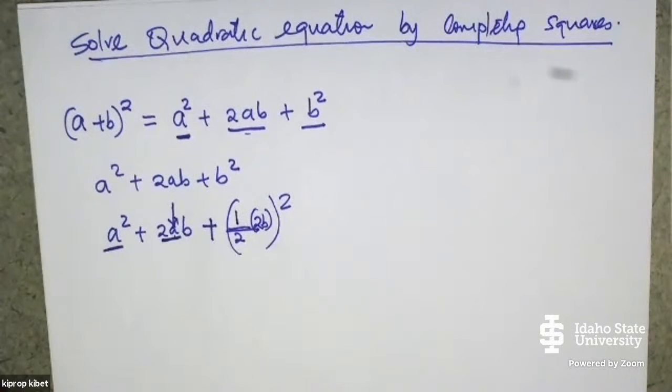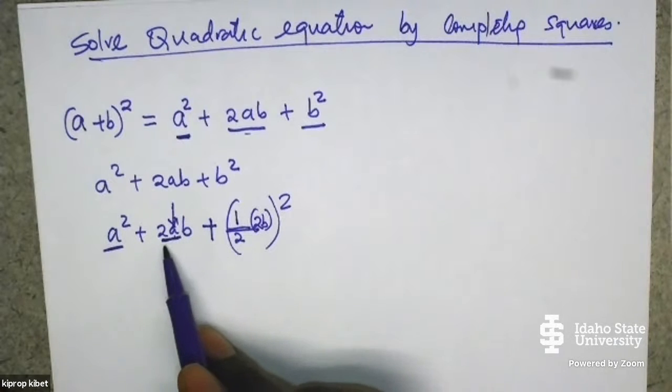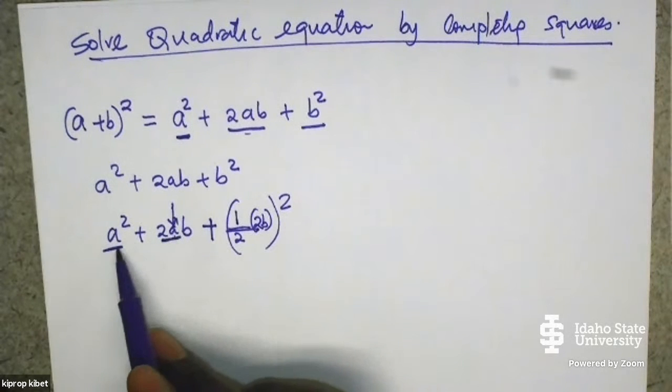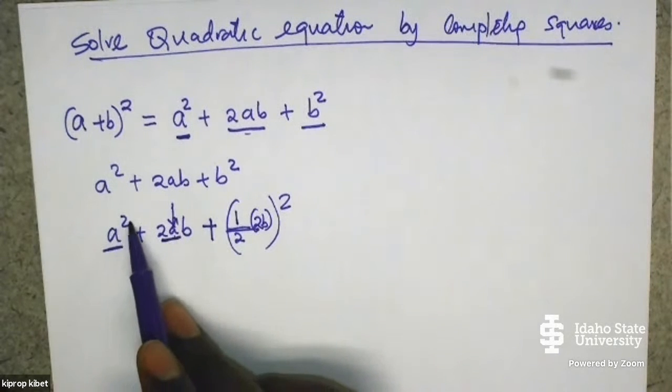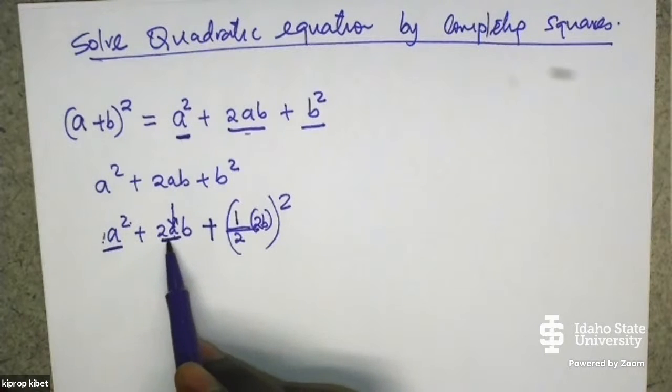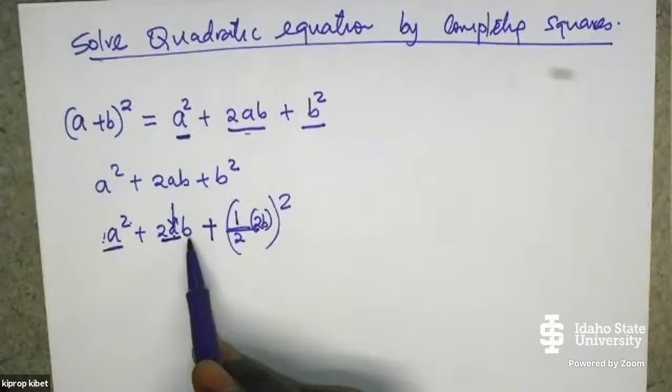If you look at this, our coefficient of a squared here is 1. Our coefficient of a here is 2b, right?